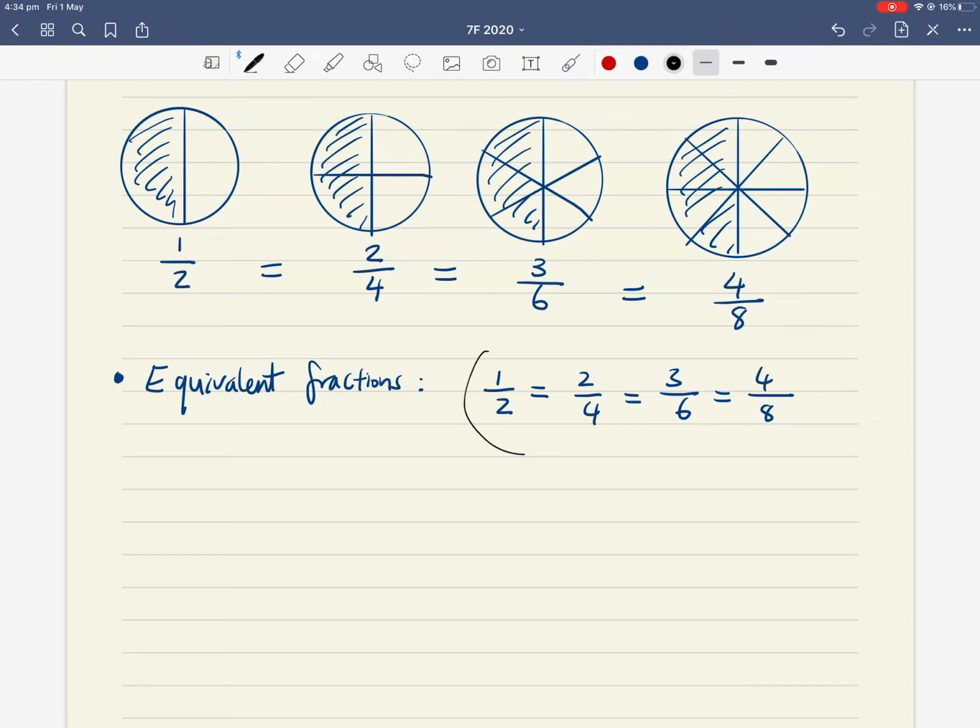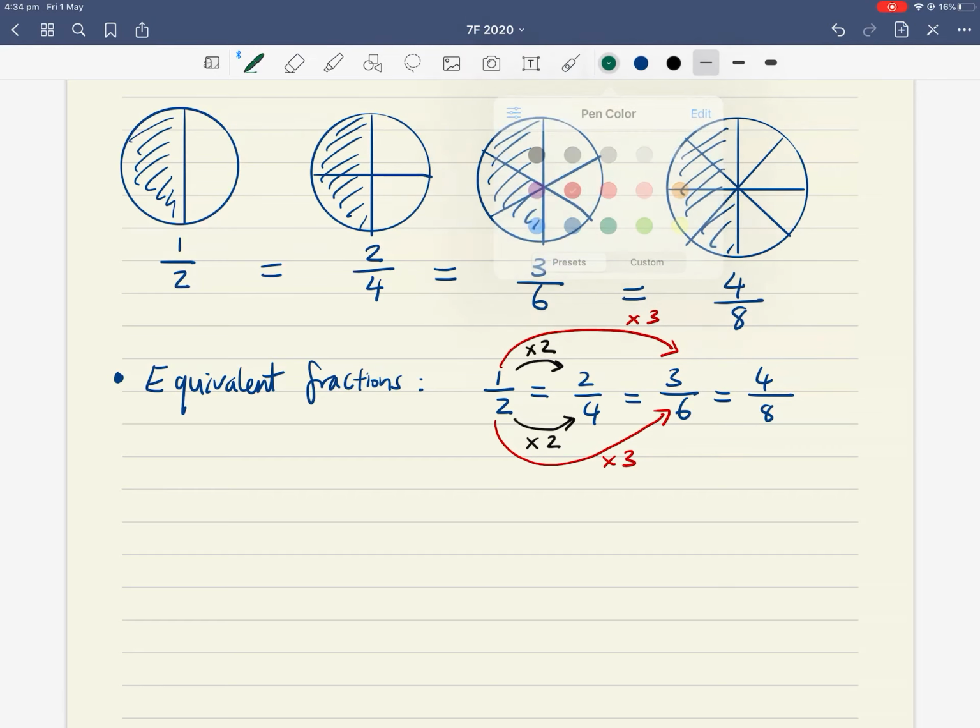So let's consider the first 2 here, so 1/2 and 2 out of 4. What do I need to multiply by to get 1 to 2? So 1 times 2 is 2, and 2 times 2 is 4. So if you multiply the top and bottom, the numerator and denominator, by the same number, you get an equivalent fraction. If you consider 3 out of 6, you multiply the top by 3, and you multiply the bottom by the same number, 3, you get 3 out of 6.